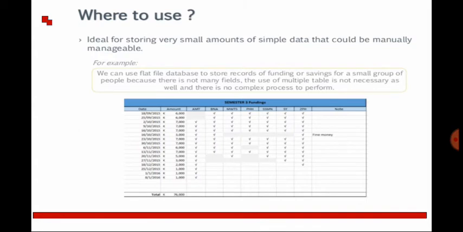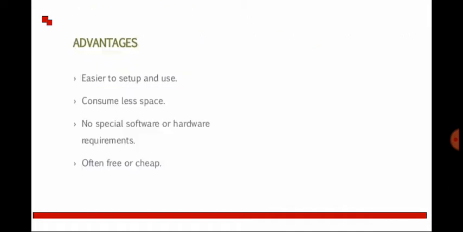It can be used, ideal for storing a very small amount of data that could be manually manageable. Here the advantages of flat file database are that it is easy to set up and use, consumes less space, and is often free or cheap.